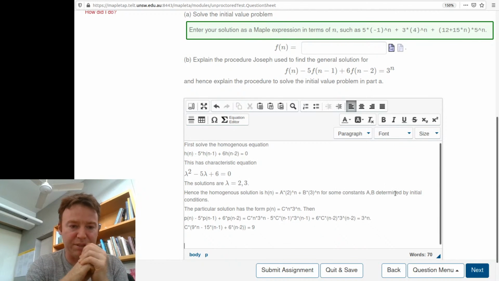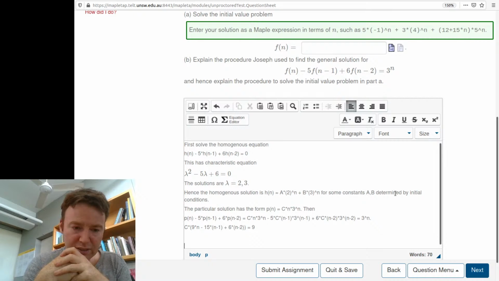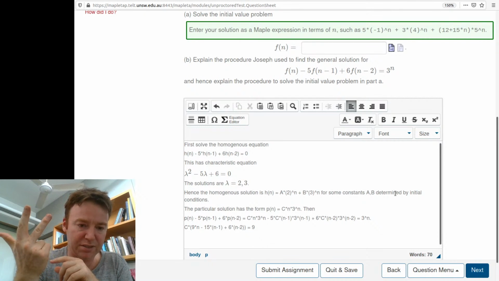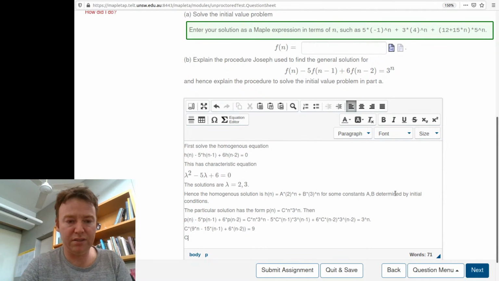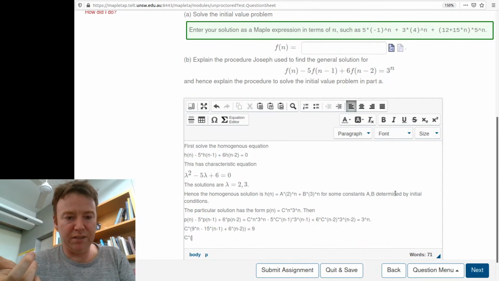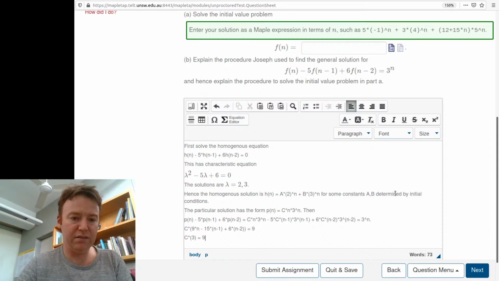It does take longer typing out. And the n's cancel because I got 9 minus 15 plus 6, which is nothing, and I get left with c times, well, 15 minus 12 is 3, equals 9, so c equals 9 over 3.